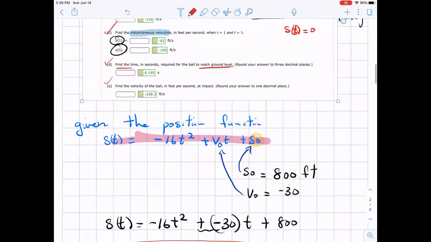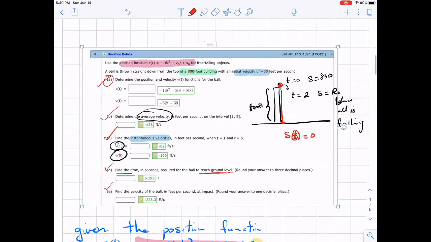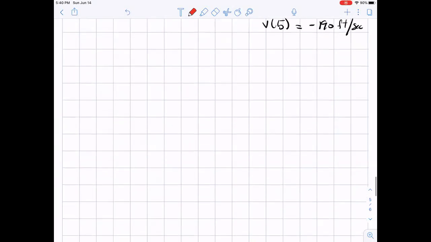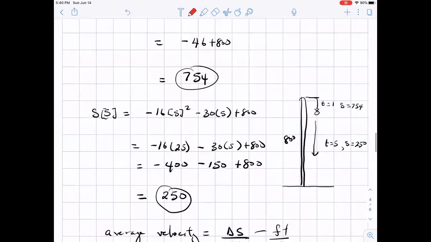So we have part D. S of t is minus 16t squared minus 30t plus 800.